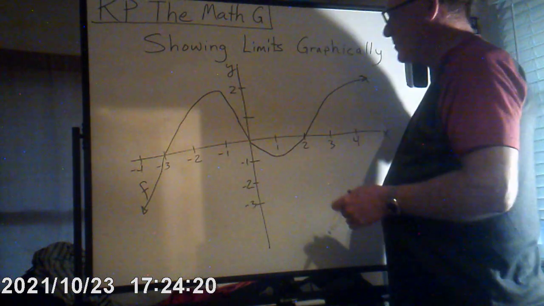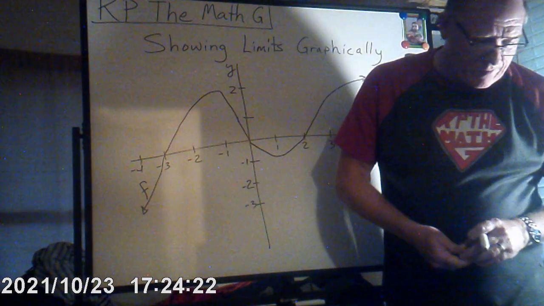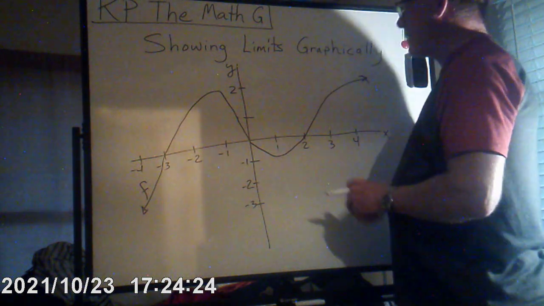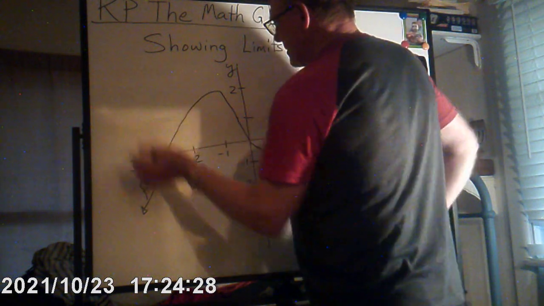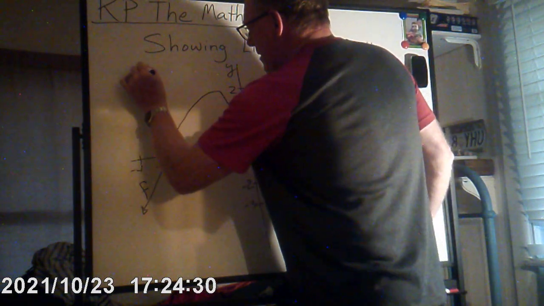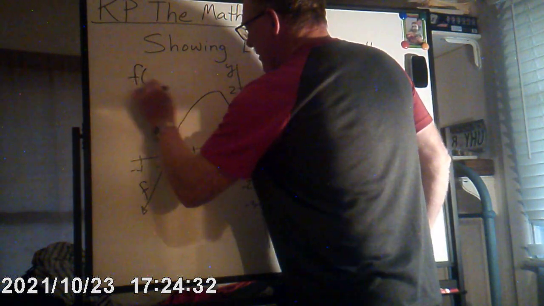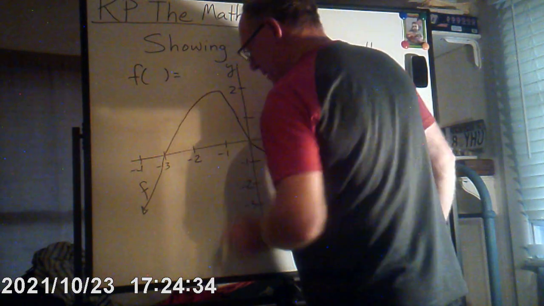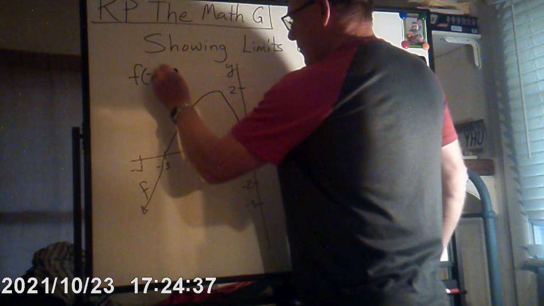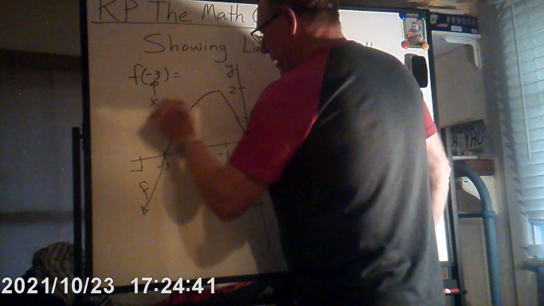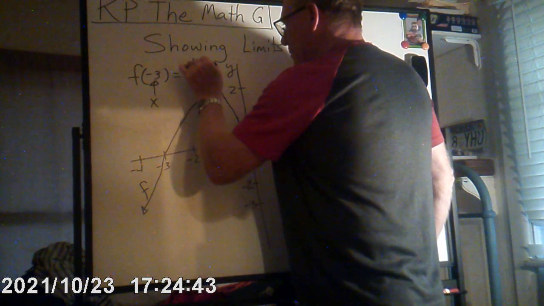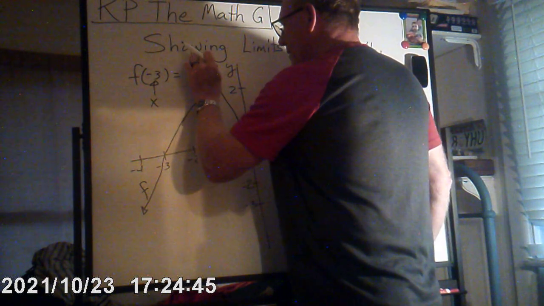But we're going to call this a function f. And first of all, when you're dealing with limits, you need to find out what f at some number is. For example, f at -3: the x value will be here, the y value will be right there.